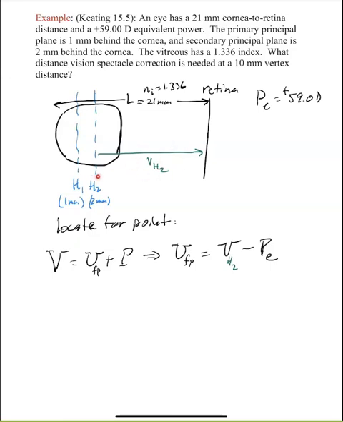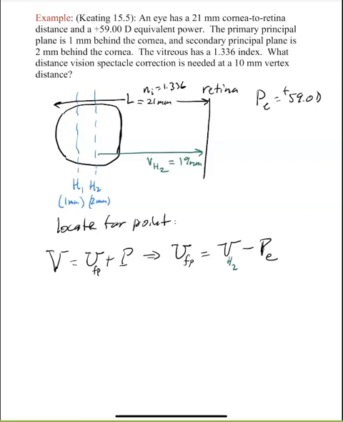The distance from H2 to the retina is just the cornea-retina distance minus how far H2 is from the front surface, and H2 was 2 millimeters. So V_H2 must be 19 millimeters, 2 millimeters less than 21.